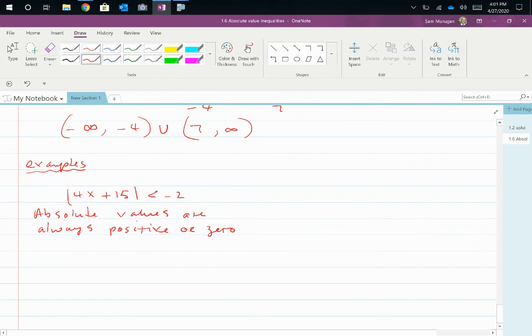So in this case, there is no way that it can be less than or equal to a negative number.